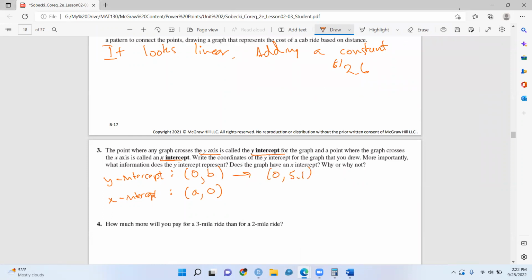If you think about the units on that, this is miles, this is dollars. So one way to write that out practically is to say the cost to climb into a cab is $5.10. $5.10 to get into the cab.